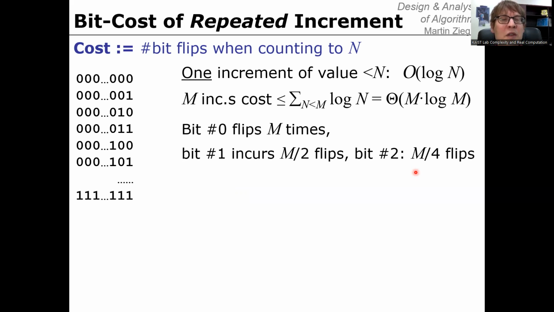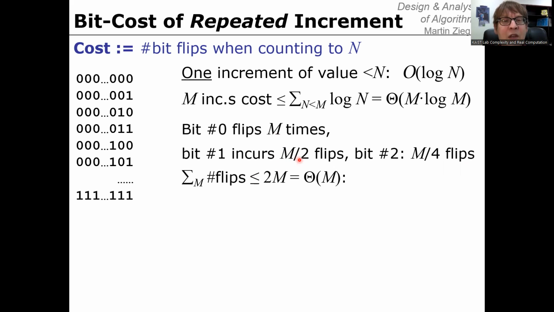Considering all possible bits, we count the number of bit flips, but by rearranging this sum, we realize that the first bit flips m times, the next m over 2 times, the next m over 4 times, and this is a geometric series. Well, it's a finite geometric sum, but bounded by the infinite geometric series. So the value of all this sum is less than 2 times m.